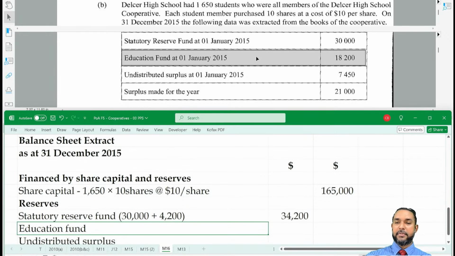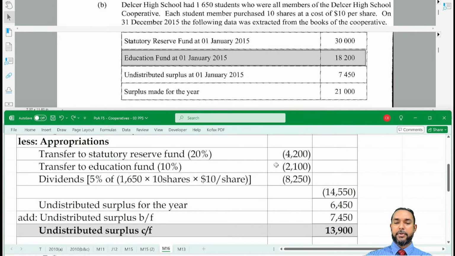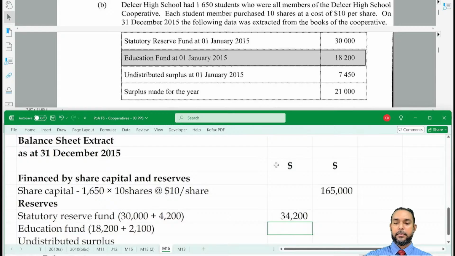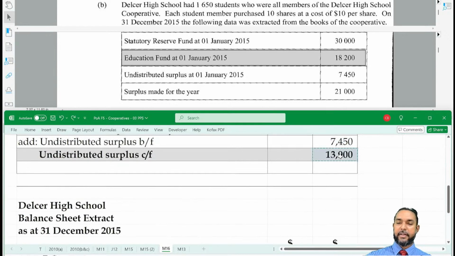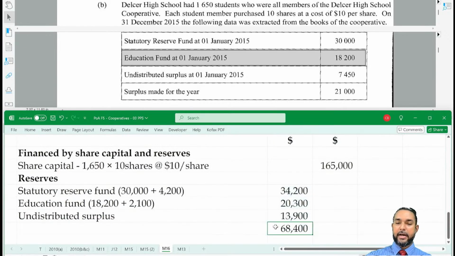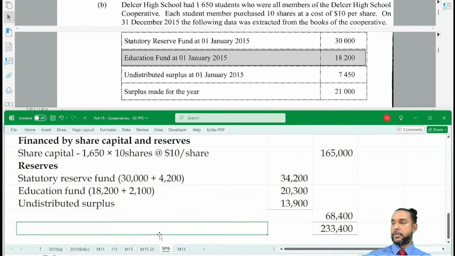The education fund started off at 18,002, and we added an additional 2,100. The undistributed surplus, we're just going to pull that final figure across, add those together, and we're going to get total share capital and reserves.